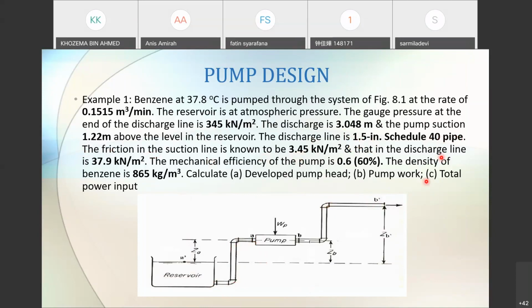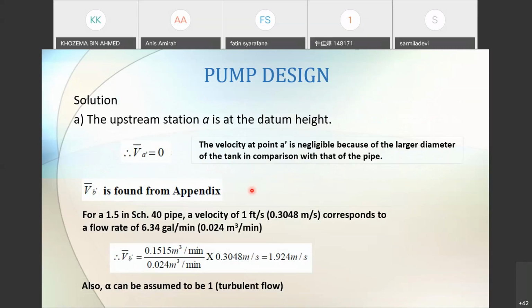The discharge line starts from this point all the way until your discharge point, and it is 37.9. The mechanical efficiency of the pump is 60%, and the density is 865. If you are able to identify all this information, by right you have no problems in solving this problem. So let's look at the solution.